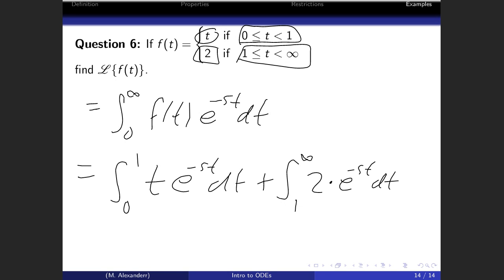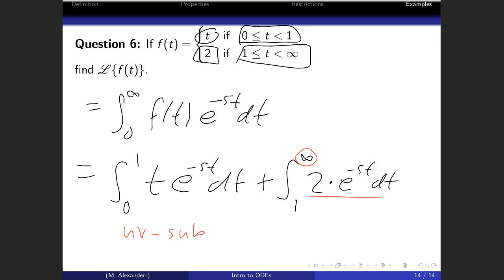Now for the first integral, I'll just give you a little hint here. You have to do a little bit of a u substitution, not too difficult. And then for the second integral, technically you have to take care of the infinity, but there are some shortcuts that you can do. Whatever you do, you can integrate this with calculus 1, technically.